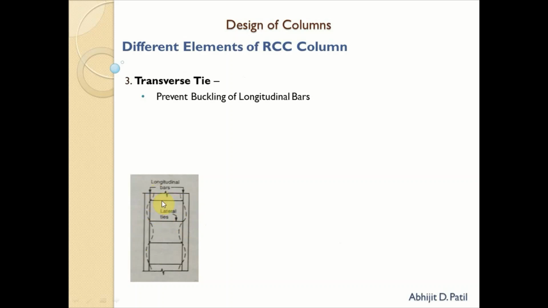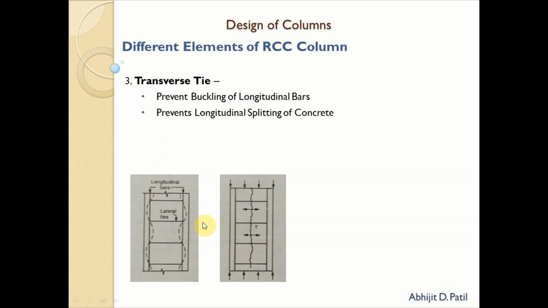So it actually prevents the buckling of longitudinal bars, because this is subjected to vertical compressive load. So load is acting in this direction. Even though the steel is equally good in compression, in compression it may fail because of buckling. So these lateral ties avoid the buckling.